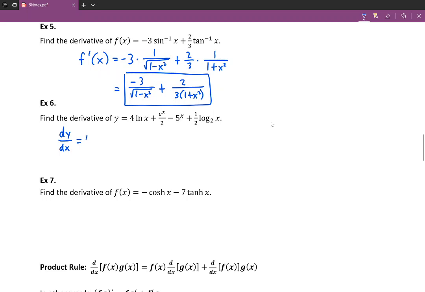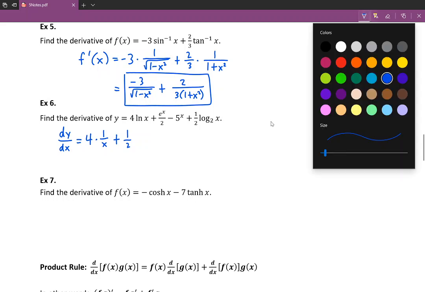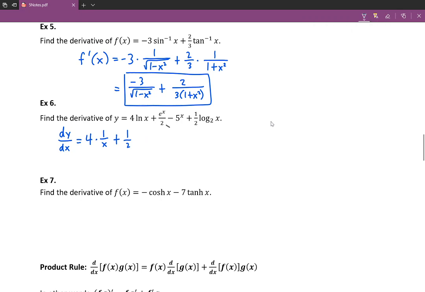So here the derivative of ln x is going to be 1 over x. For the next term, you can separate out the half. One half is the coefficient that's in front of the e to the x here. If we wanted to write on the side, another way of writing this term is 1/2 e to the x. So the derivative of e to the x is e to the x.